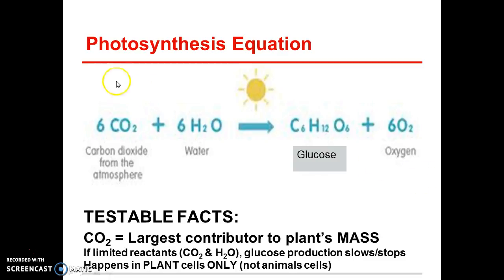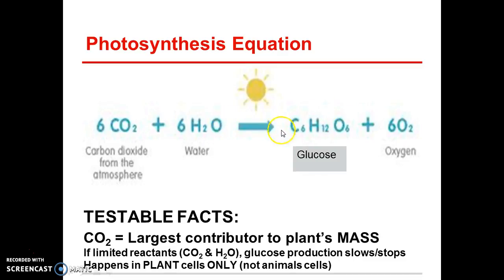It takes 6 carbon dioxide molecules going in from the atmosphere, plus 6 water molecules going into the plant in the presence of sunlight. So you have to add energy. You're probably not going to want to draw a sun, so you're going to need to add energy as a reactant on this side.